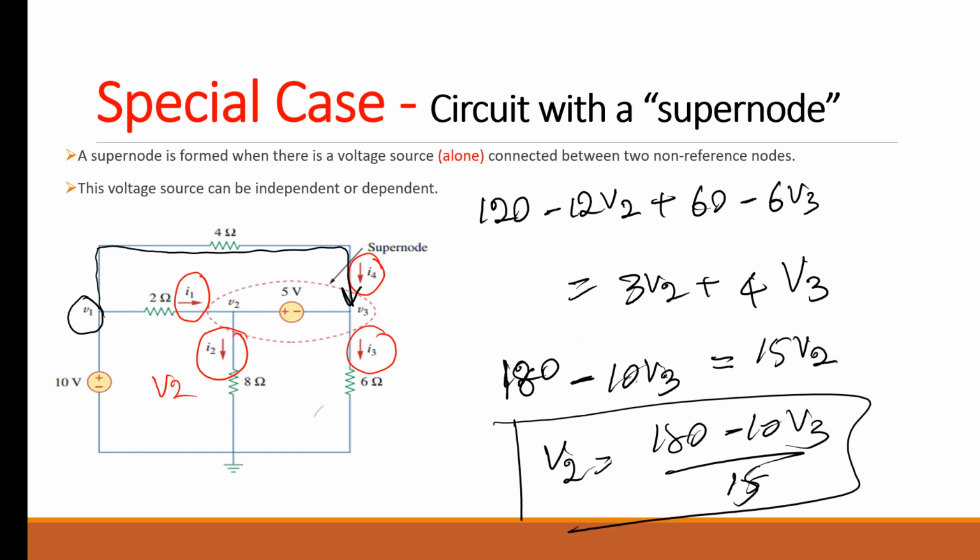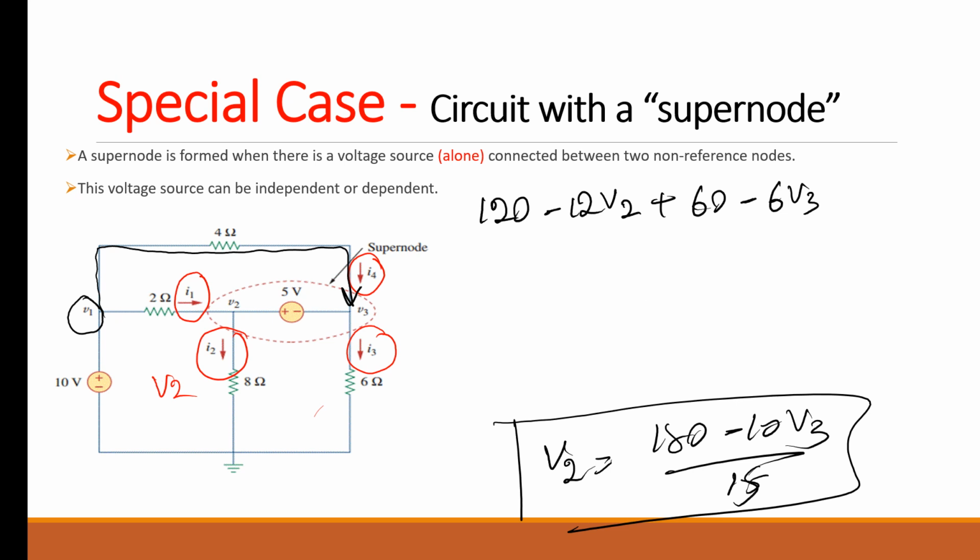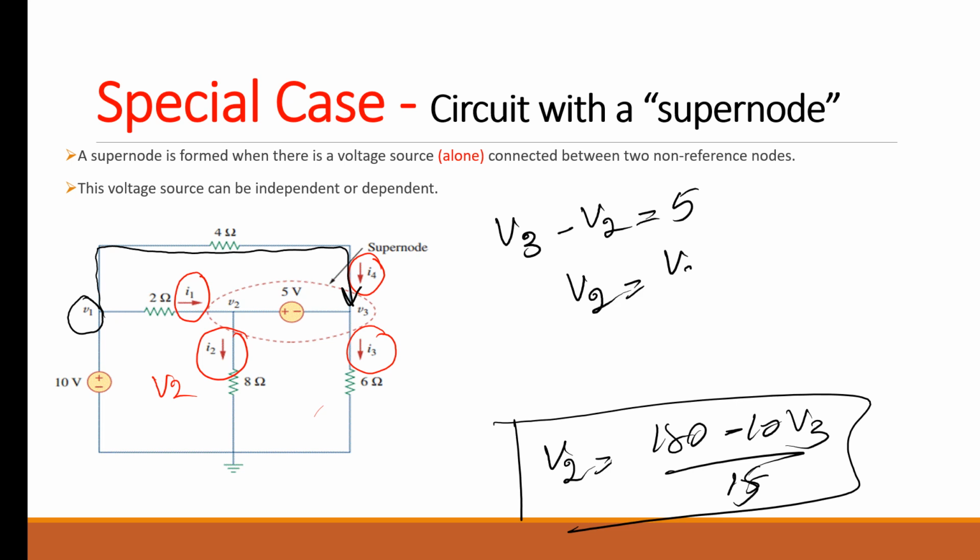And we wrote another equation considering V2 and V3. So that was V3 minus V2 is equal to 5. So again we can say V2 is equal to V3 minus 5.